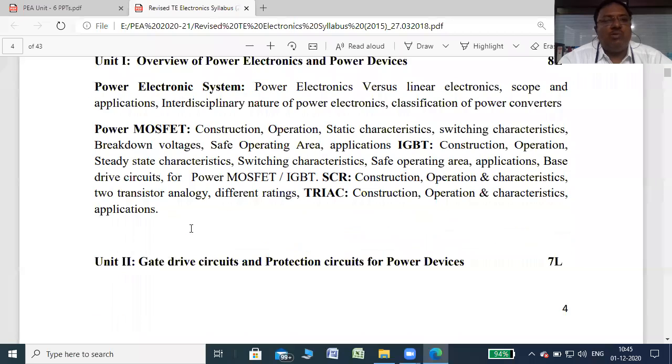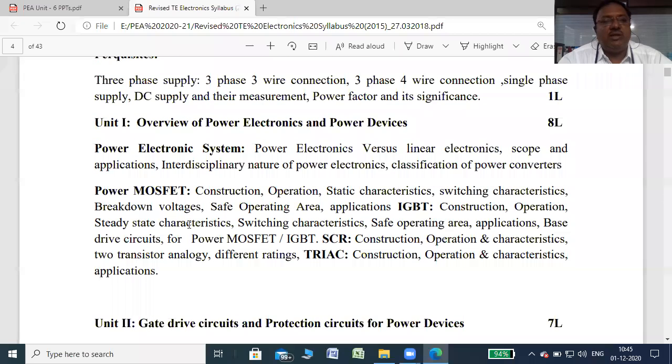So I'll just overview the syllabus, what we have seen in unit number 1. Unit number 1 is nothing but the basic construction of components. Before that, we saw power electronics versus electronics, scope and application, interdisciplinary nature of power electronics, and classification of power converters.